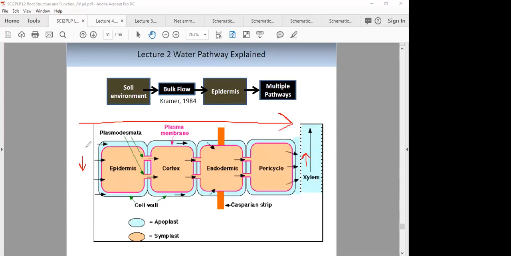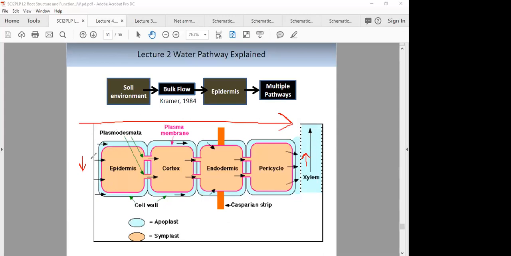So what does that mean? High free energy in the soil solution, lower free energy of water in the xylem because of the increased concentration of solutes. And that explains why water moves into the center of the root.